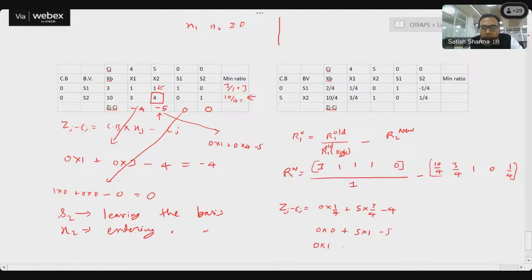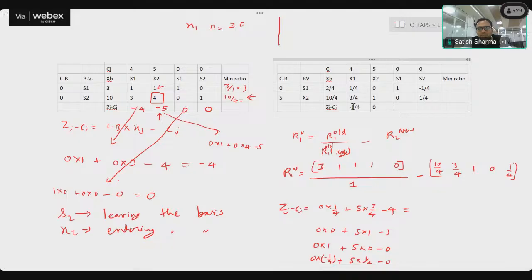Another is 0 into 1 plus 5 into 0 minus 0. And the last one is 0 into minus 1 by 4 plus 5 into 1 by 4 minus 0. If you solve it, it is minus 1 by 4. And similarly, I have calculated it is 0, 0 and 5 by 4.